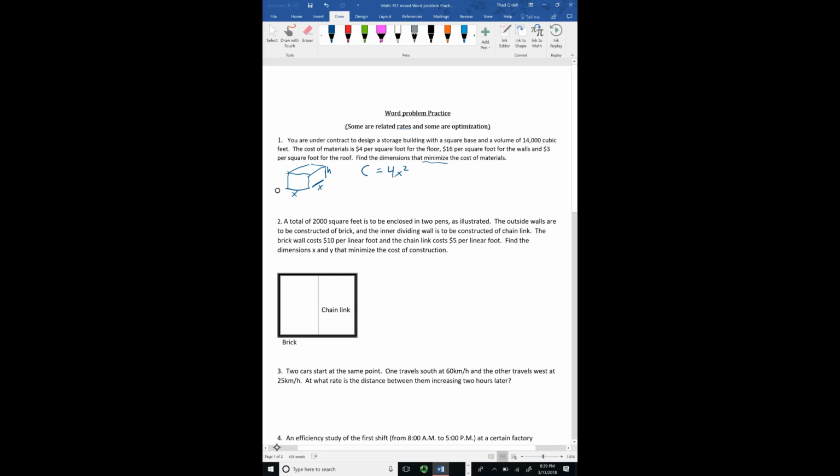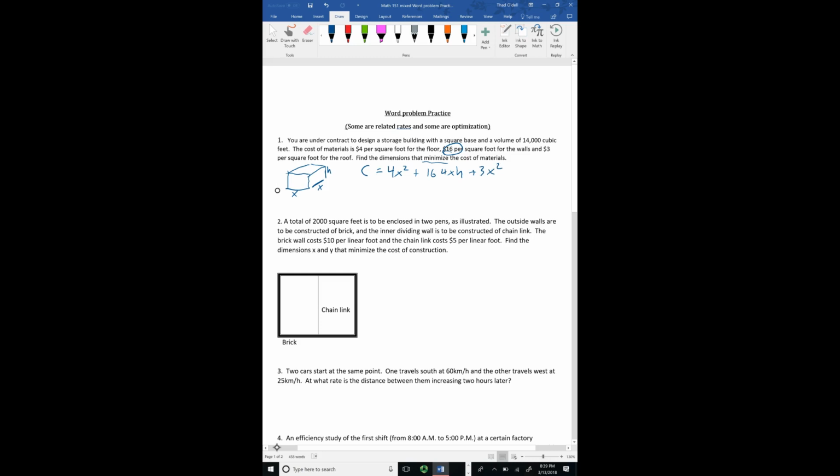The 4 walls would be x by h, so plus 16 times 4xh. And finally, $3 per square foot for the roof. The roof would also be x squared, so plus 3x squared.